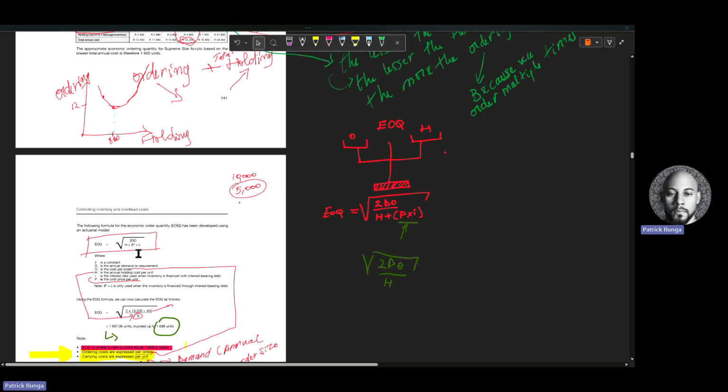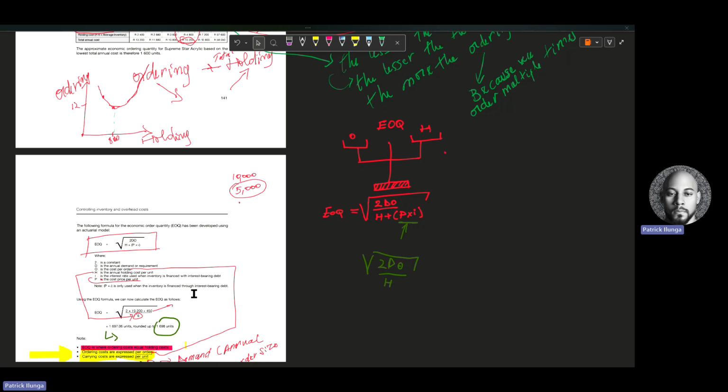The formula also provides for an interest. What is in parentheses will only be used when the inventory is financed through an interest-bearing debt. If you're using debt to finance inventory, you need to put in the interest.